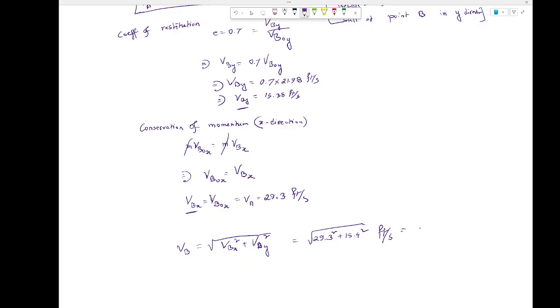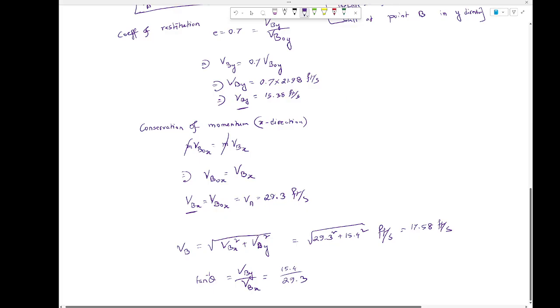I don't have the solution of that. I'd like anyone to give me the value. Somebody else may confirm, but this is what you're going to get. And tan inverse should be equal to BVY over BVX. You know this equation, right? From trigonometry. Then you simply plug the values 15.4, 29.3.